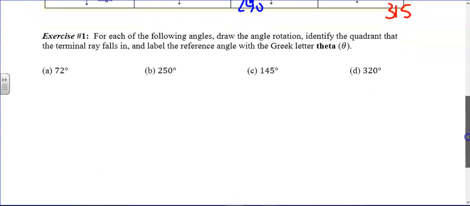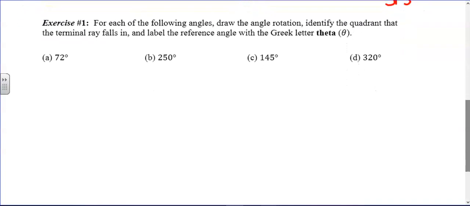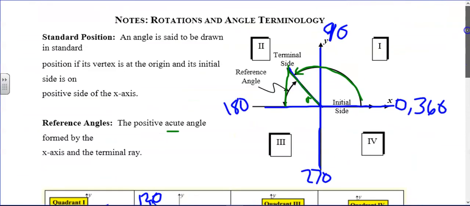Okay, we're going to draw a couple of these. For each of the following, we're going to draw an angle rotation, identify the quadrant, and label the reference angle. Just a quick review again, the quadrants: quadrant 1, and then you go to the left, 2, 3, 4.